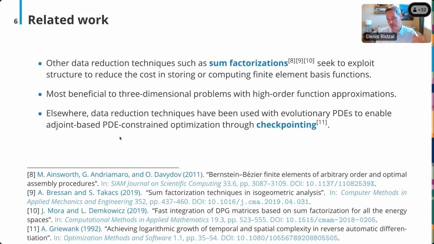So the state is stored in order to compute the adjoint. And that can be done with logarithmic storage complexity, which is very nice. So people have obviously thought about this quite a bit. And I think we can do a little bit more here on the finite element side.